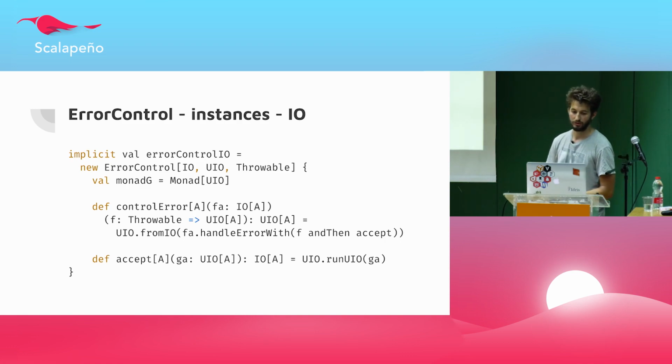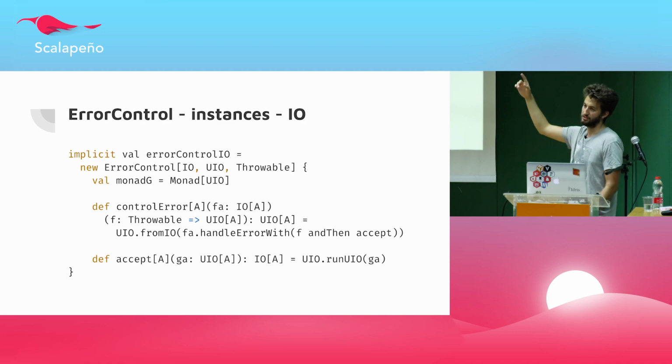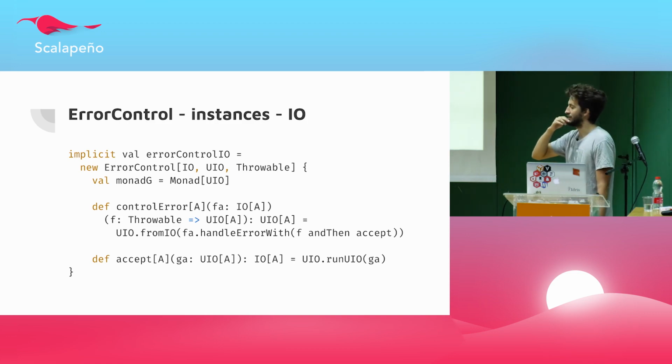And to do that, what we do is say, hey, we have an ErrorControl that has as its fallible type IO, as its infallible type UIO, and the error type is Throwable. And of course, UIO has a monad, and then we can use this controlError function to go from an IO of A and a function that takes a Throwable and returns an unexceptional IO of A to an unexceptional IO of A. And of course, these are internals.